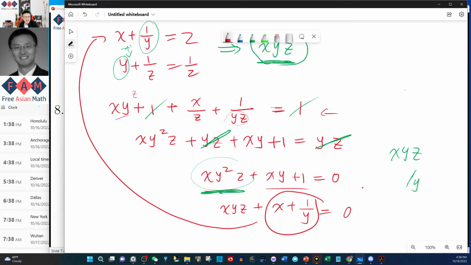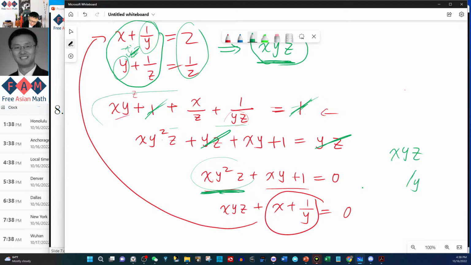So this problem is much easier than it looks. All we need, in summary, is just multiply the two sides together, get this one. At that point, we can cancel out y, the constant, because we already see when you multiply y with 1 over y, you get 1, but originally there is 1, so we cancel that.